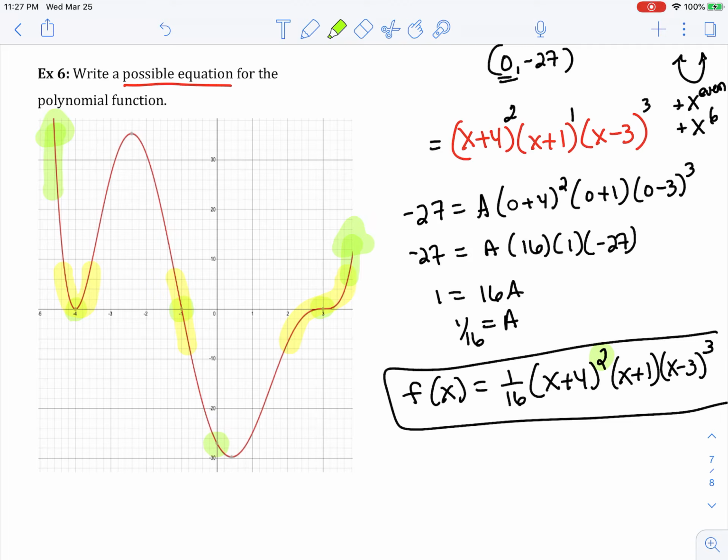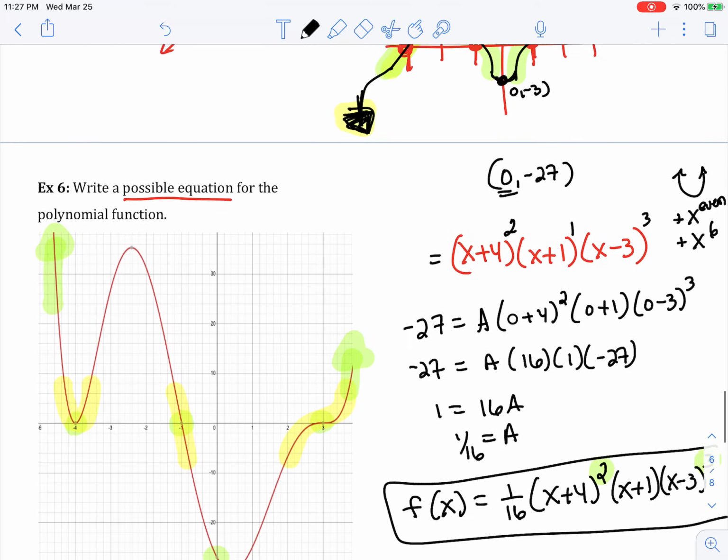I just went with the smallest to make it easier. And on our x minus 3, it would just have to be something odd, and 3 is the smallest possible. We don't want 1 because 1 means then it would have to be linear. So it would have had to have been a 3 or 5 or higher. And that would have been our possible equation for this polynomial.